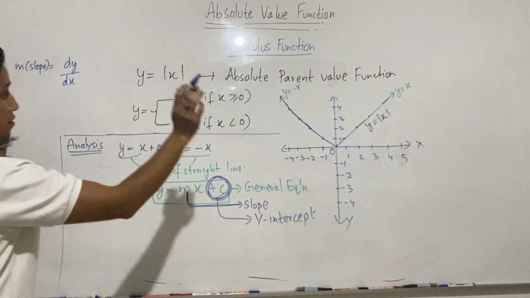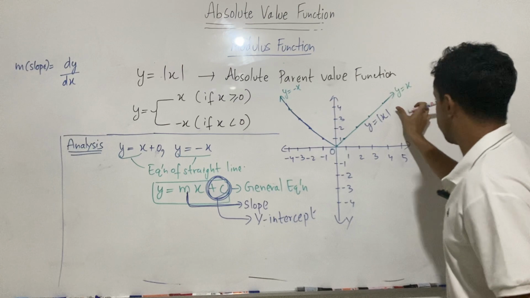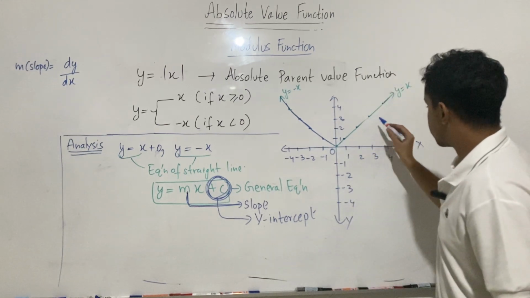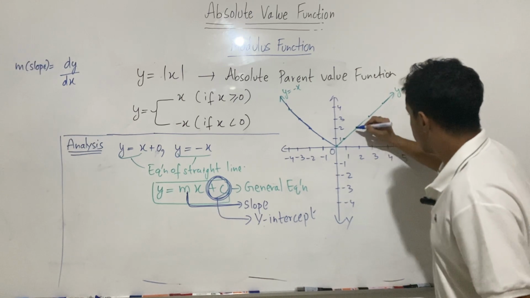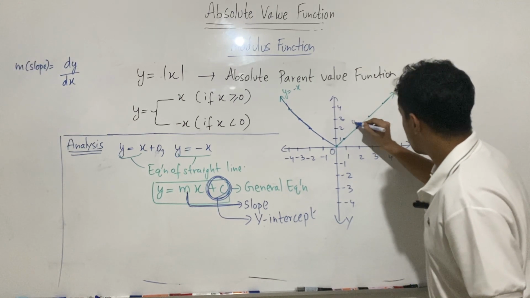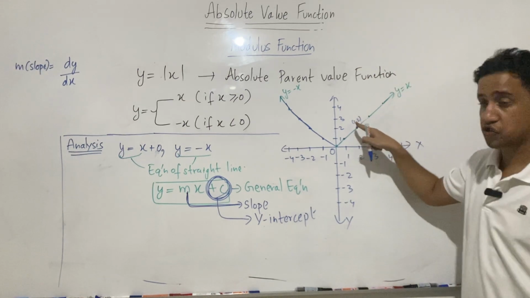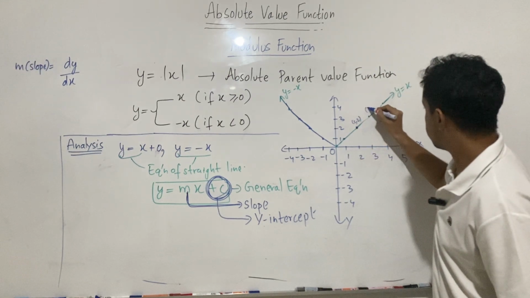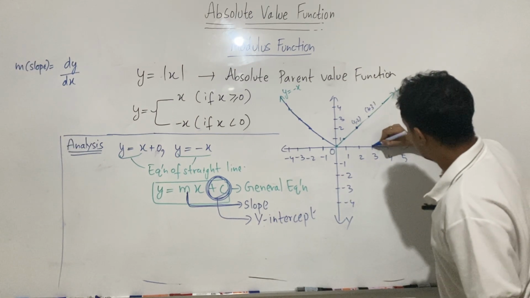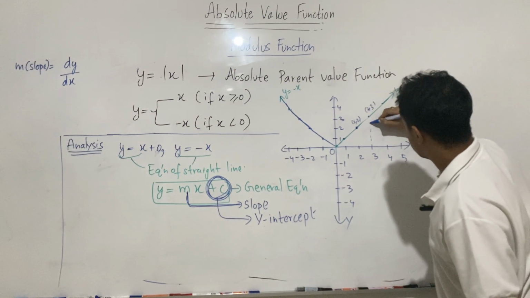Now see here, for example, this is my point 2, 2, the coordinate is 2, 2, and this point, the coordinate is 3, 3.